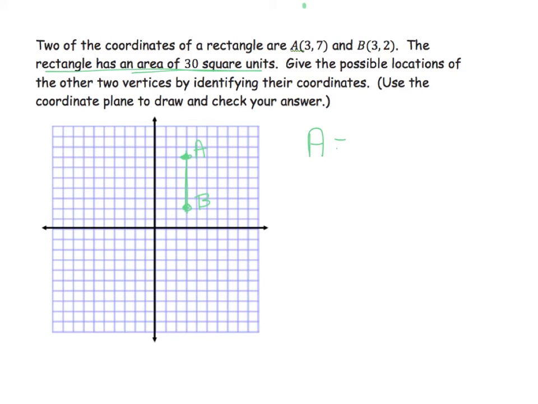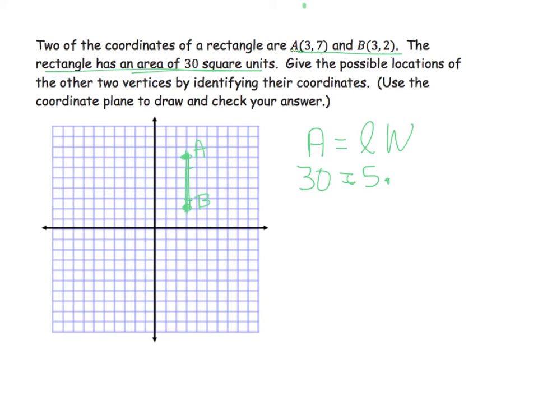So to find the area of a rectangle, it's length times width. So now we know the area, and we know one of our dimensions, and we have to find the other to help us place the points. This dimension right here is 1, 2, 3, 4, 5. And I could count, or I could use these. The difference between 7 and 2 is 5.